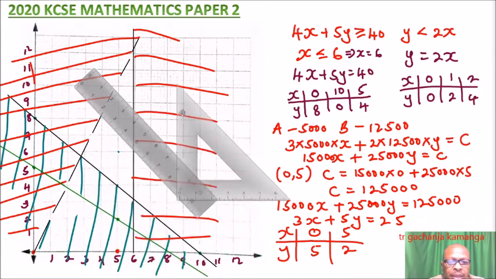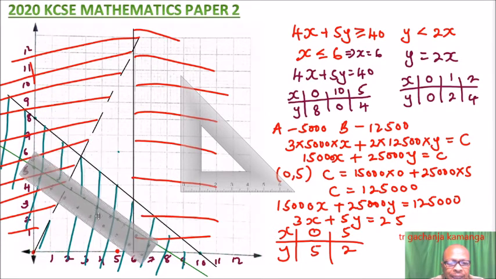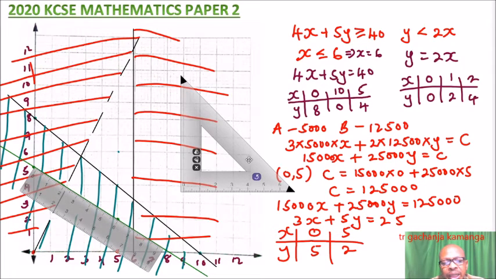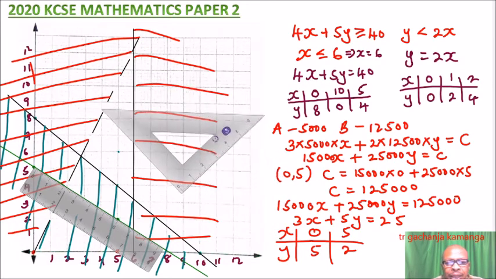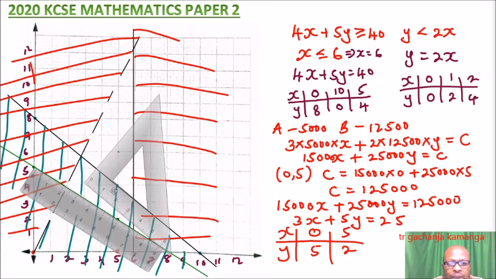You take your ruler like this, and you place it on our search line. Then you bring your set square here, and you place it at the edge of this line. Your setup should be like this.